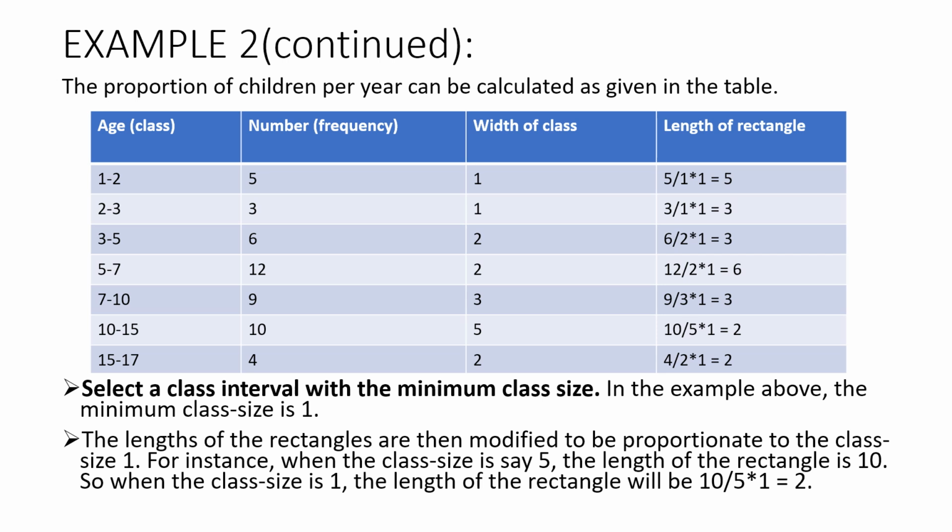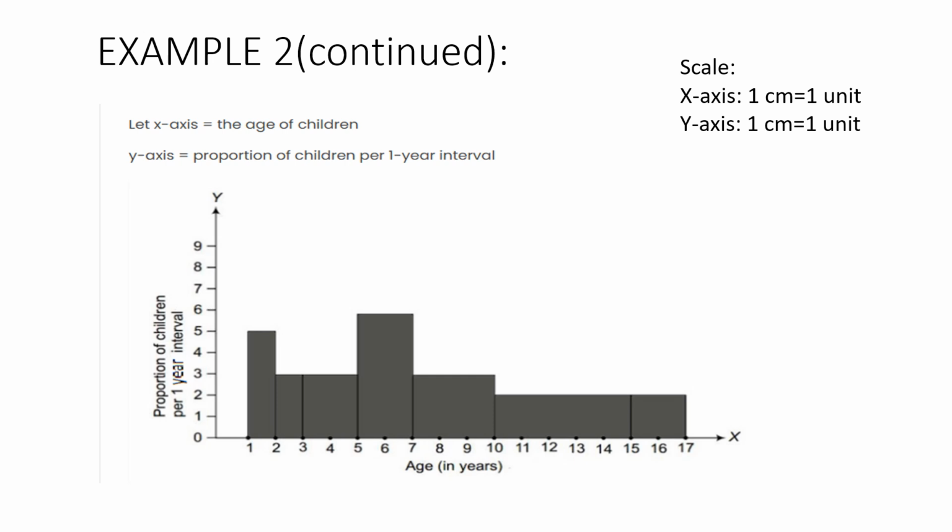So basically, to get the length of the rectangle, you need to do frequency upon the width of the class into the minimum class size which you have selected. Now from the table, when you draw the histogram, this is how you will get it. You can see over here that all the rectangles can be of different size.